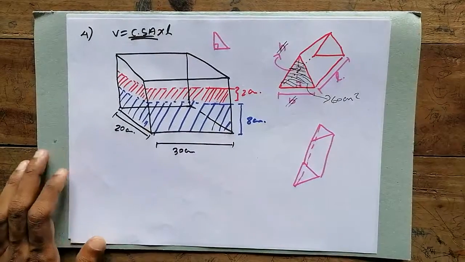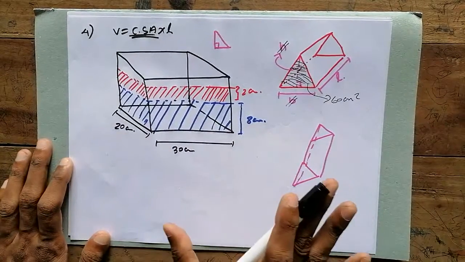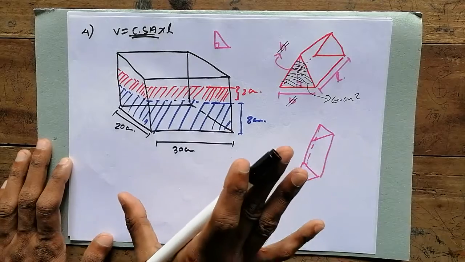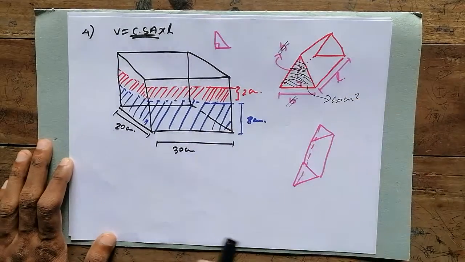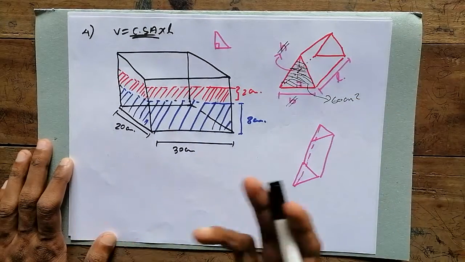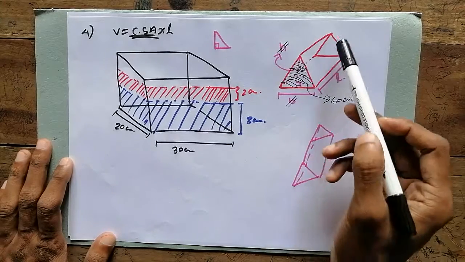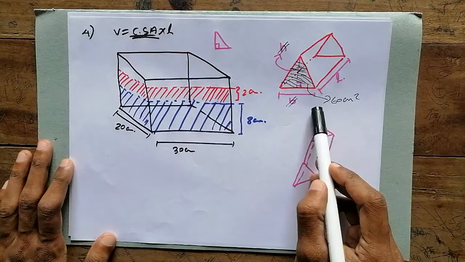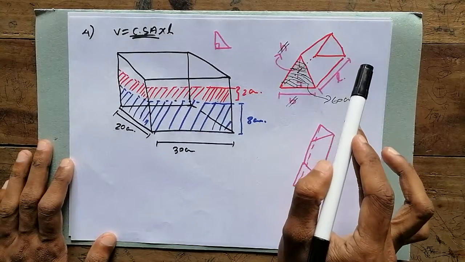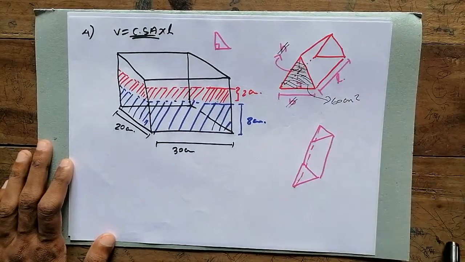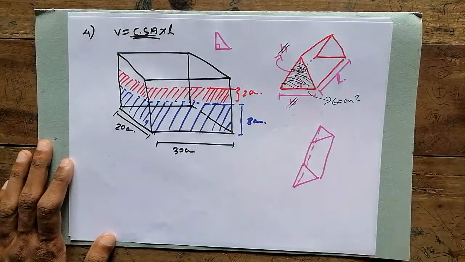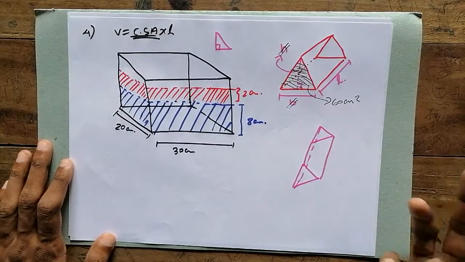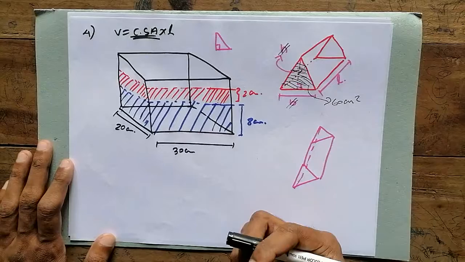So we discussed all the description in the question, and we need to find the L. If you know the volume of the prism, we have the cross section, and we can easily find the length, the perpendicular height of the prism. We don't have the volume of this prism.